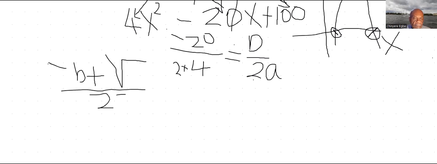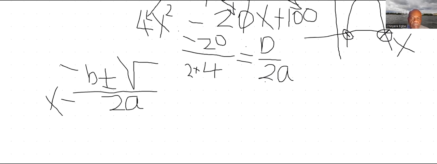It was the right formula to use. Okay, so this is the formula if you want to solve for X: X is equal to minus B plus or minus the square root. This formula here gives you the max of Y.